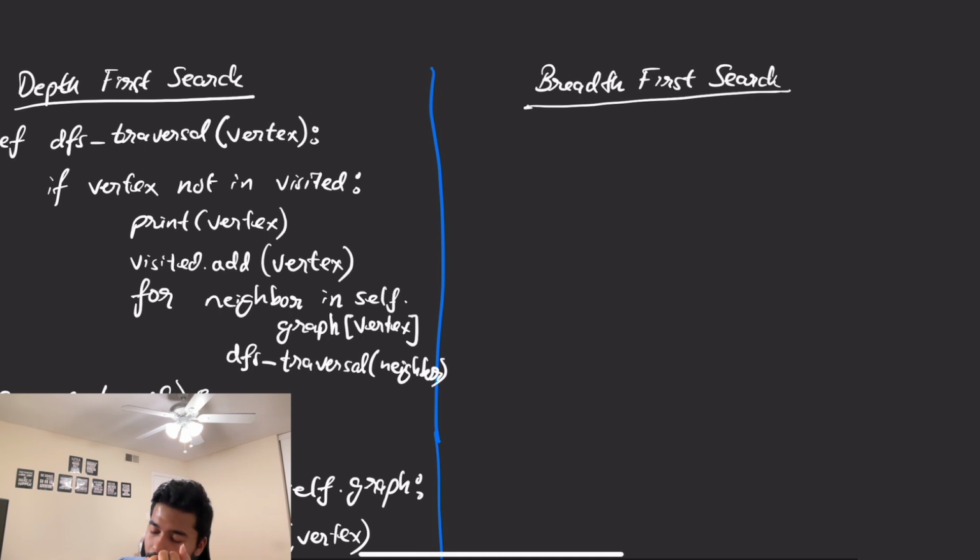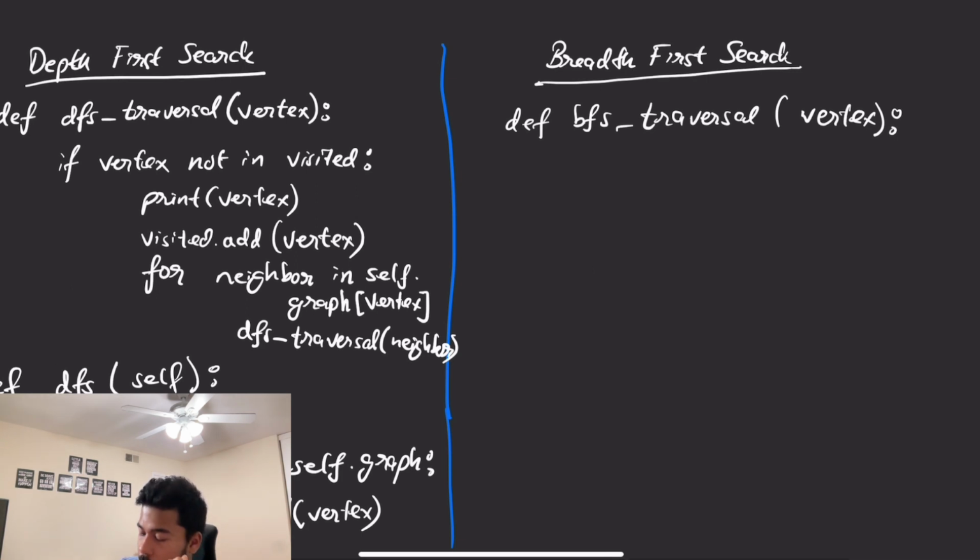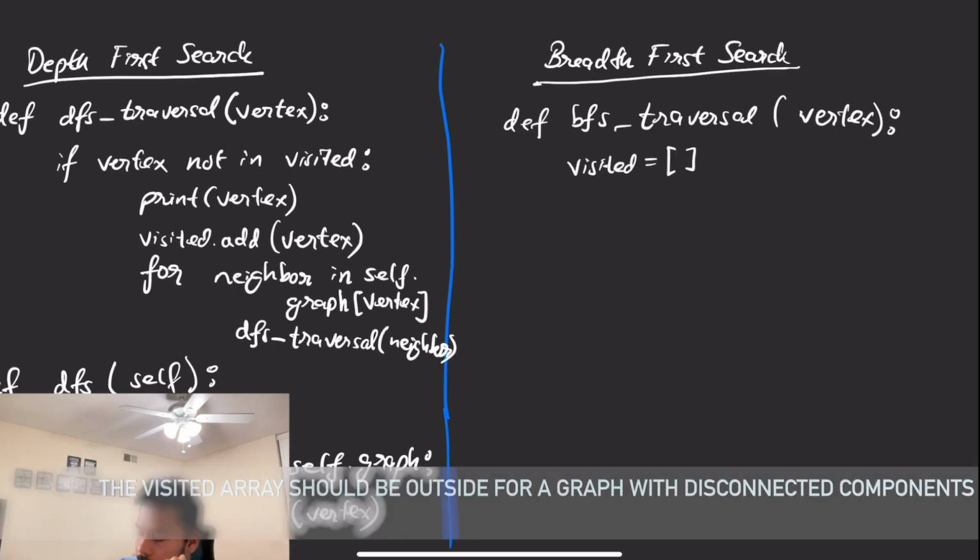So I'll write out the algorithm for BFS. Since BFS doesn't require recursion, you can just do the whole thing in one function. You don't need a helper function for BFS. The visited array would be present in the function, right?